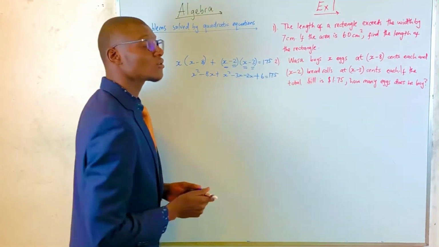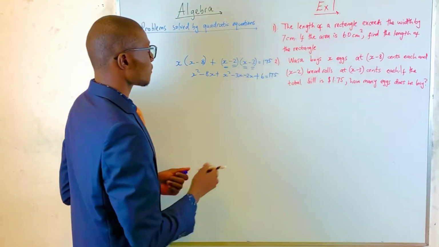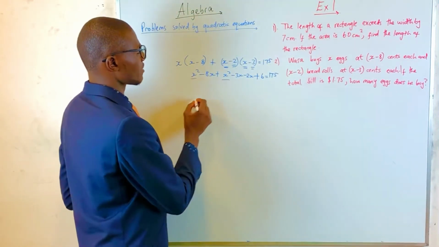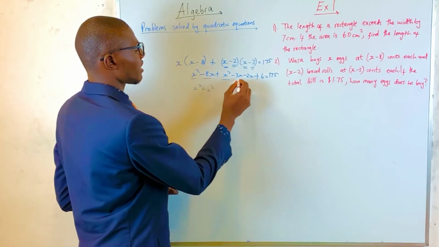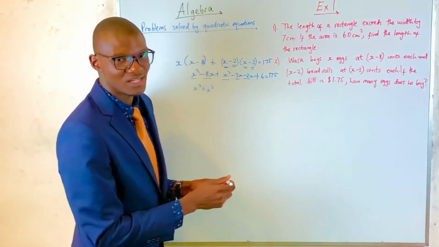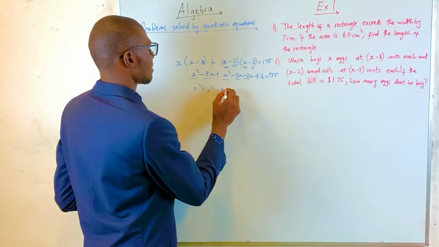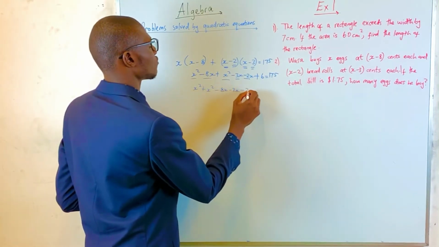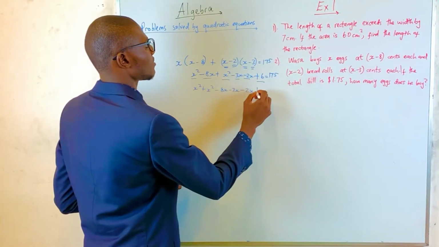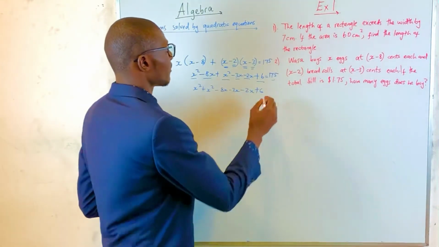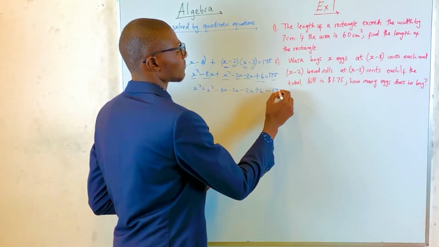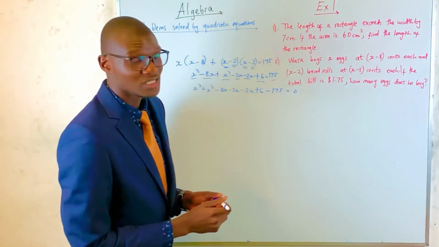Then that should be equal to 175. If we group like terms, we've got x squared plus x squared, then minus 8x minus 3x minus 2x, then plus 6, and we can take this 175 to the left hand side so that we can have a quadratic equation.